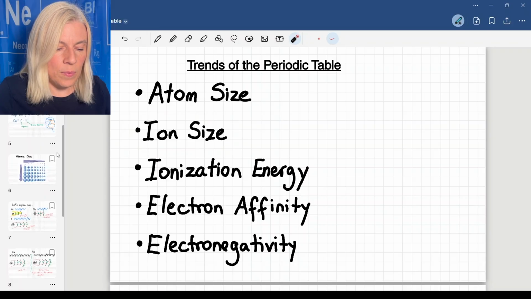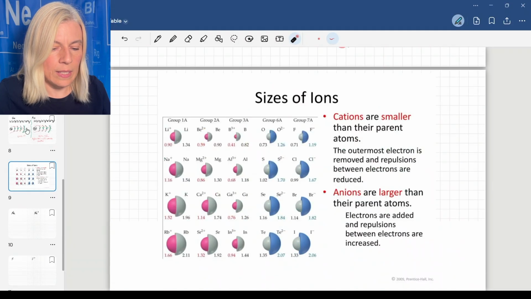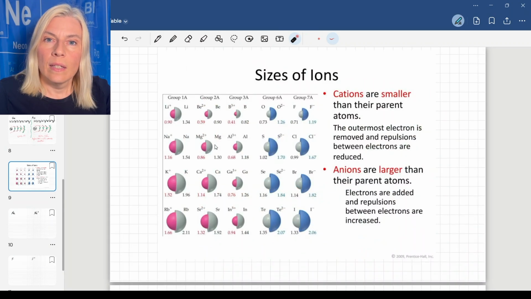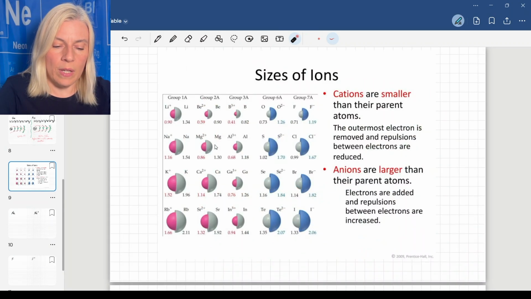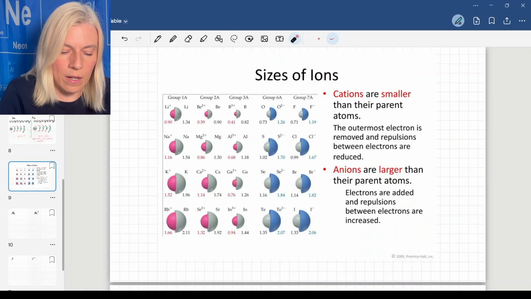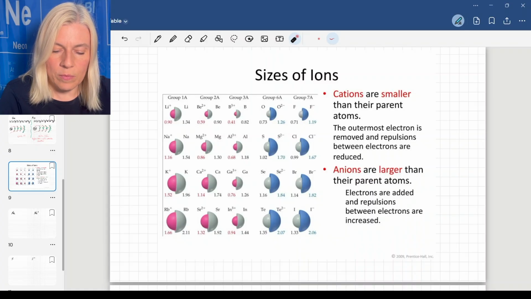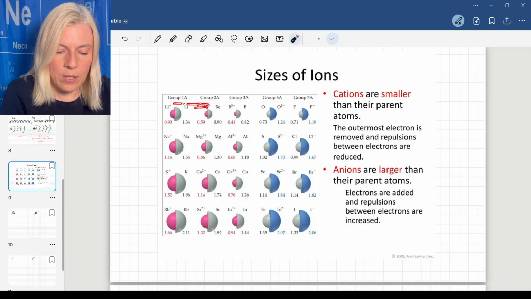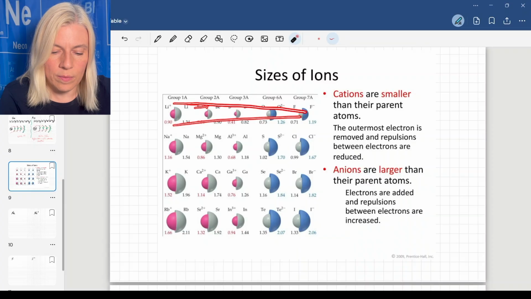So let's go. When you look at sizes of ions, something becomes clear right away. If we look at gray colors, gray is our neutral atoms. So we can see that as we go across a period, they get smaller, right?